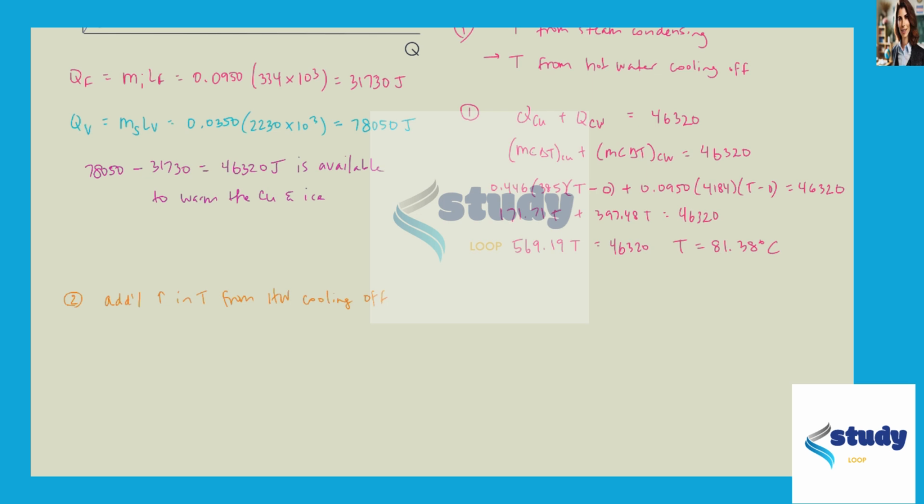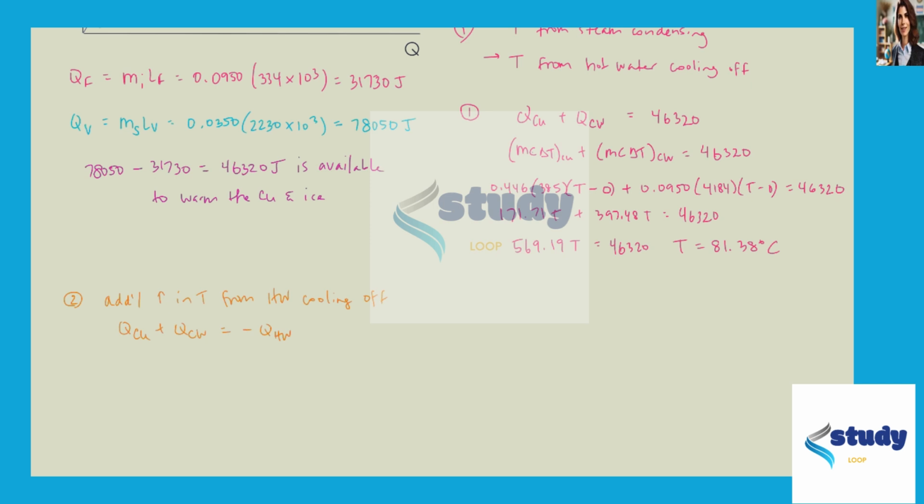And so to do this, we can once again think about the heat added to the copper plus the heat to the formerly cold water. And that's going to be equal to the opposite of the heat lost by the hot water, right? Because one's a gain, one's a loss. So we need to assign a negative sign appropriately.